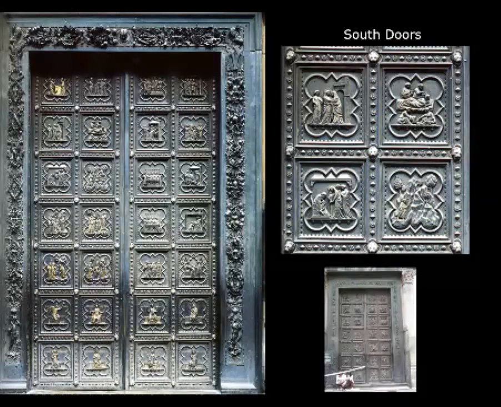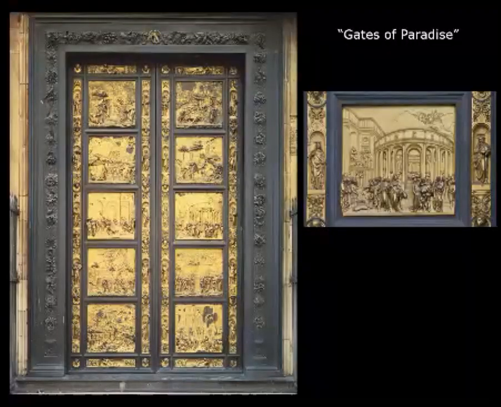And then the people of Florence liked this so much, they said to Ghiberti, would you be willing to do something even grander for the next set of doors on the same building? And he said, okay, but can I make them bigger?